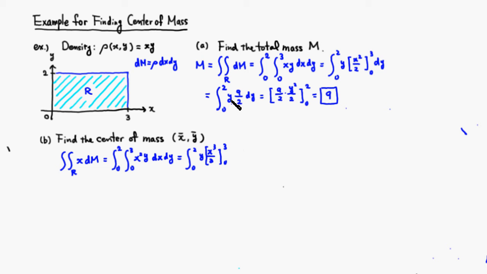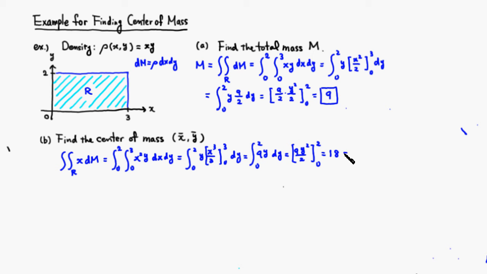With respect to y still, plug in 3 here, so 3 and 3 cancel out, and you have 9y, integrated from 0 to 2, dy. The antiderivative is 9y squared over 2, going from 0 to 2. Plug in 2, cancel out, so it's 18.